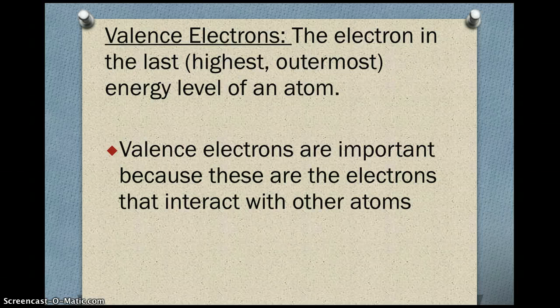Atoms stuck together. So the valence electrons are kind of like little hooks on the outside of the atom that hook on to other atoms' electrons. This is how atoms stick together, through valence electrons. So this slide you should copy down.